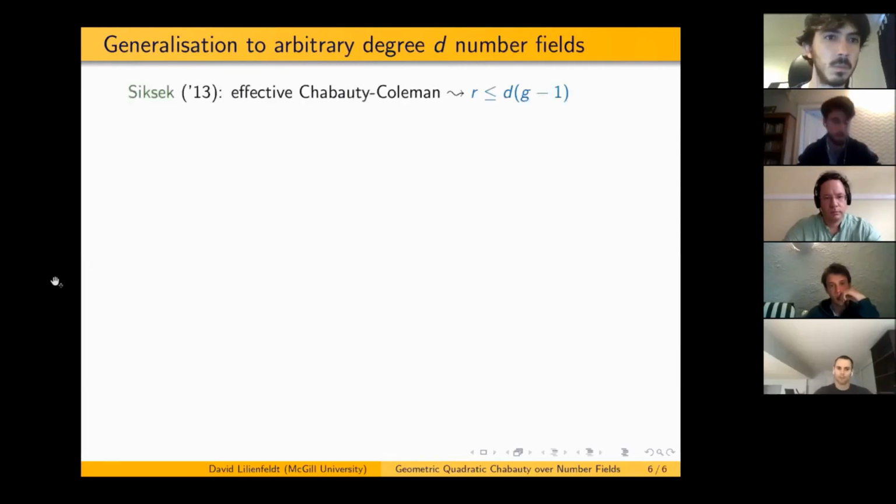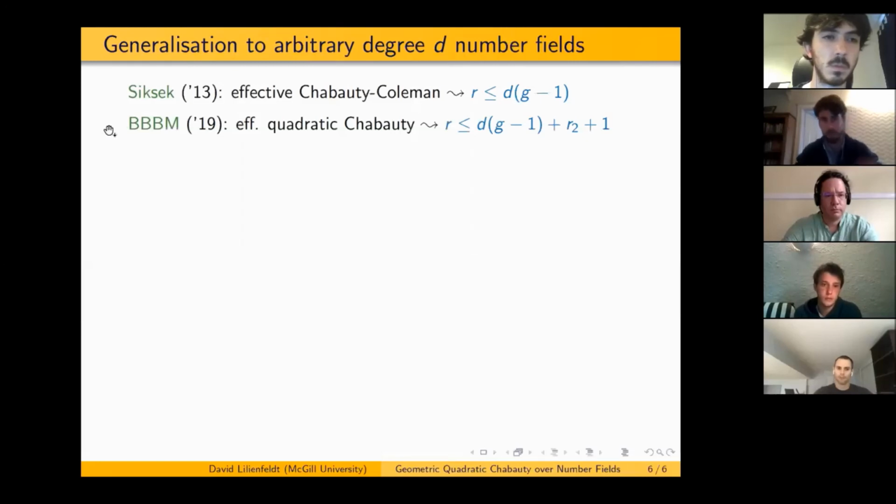So it all starts with the work of Samir Siksek from 2013, where he does effective Chabauty-Coleman over number fields. And this Chabauty condition from before, which read R less than G, now in this setup becomes R less or equal to D times (G minus 1), where D is the degree of the number field.